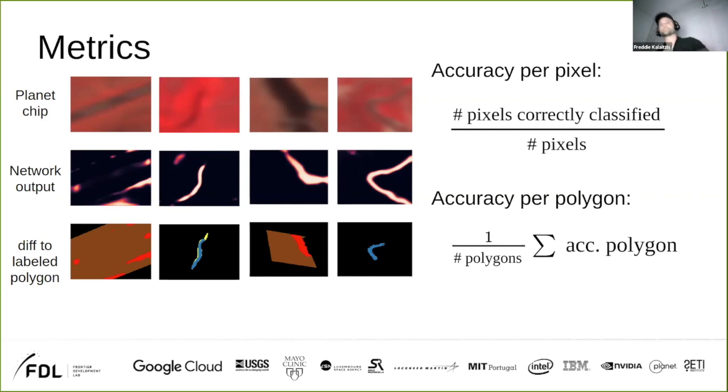In order to tackle this, we took every polygon and normalized it for its size. That's what you see in the lower equation here. Essentially, that metric represents what fraction of the polygon the model got right.